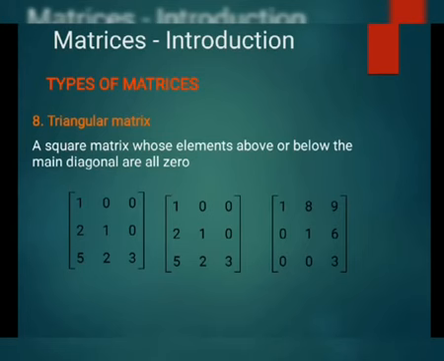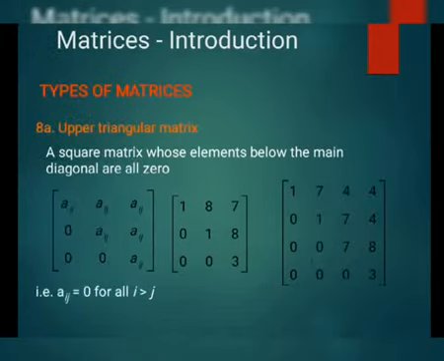The triangular matrix is also subdivided into two groups. The two groups are the upper triangular matrix and the lower triangular matrix. The first one, let's discuss the upper triangular matrix. An upper triangular matrix is a square matrix whose elements below the main diagonal are 0.